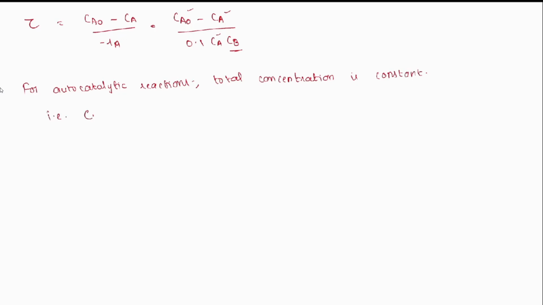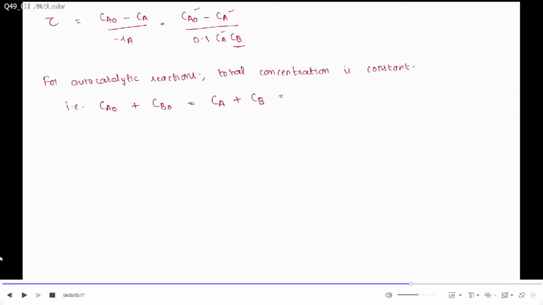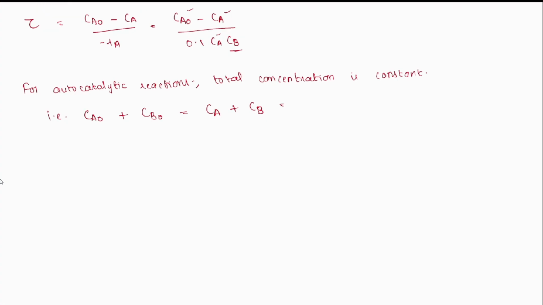For autocatalytic reactions, the total concentration is constant. So we can write this using this equation. What we mean to say is at any point in an autocatalytic reaction, the total concentration in the reactor is always constant.